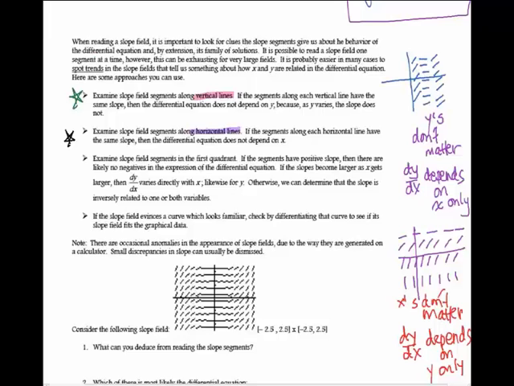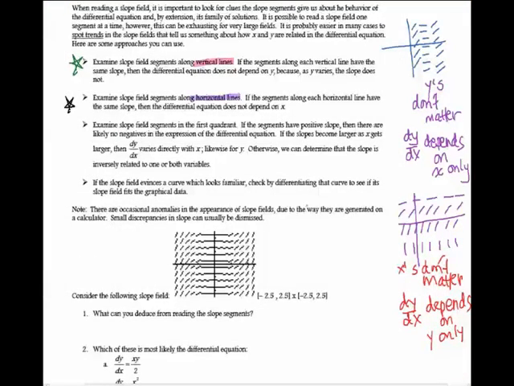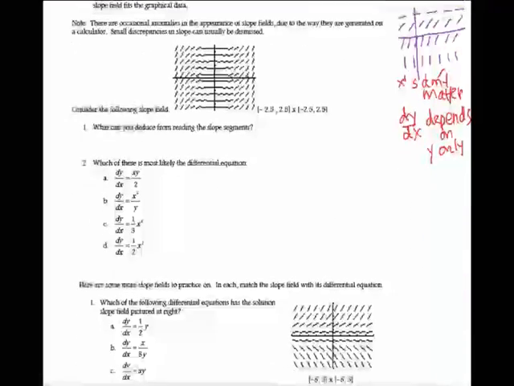So those are two things to always keep straight. The other two things on here just have you deconstruct the slope field and what you're looking at. If you examine the slopes in quadrant 1, if they're always positive, then that means that x and y are both positive in that quadrant, so therefore you would have positive slopes. Anyways, we'll talk about those as we look at some examples.